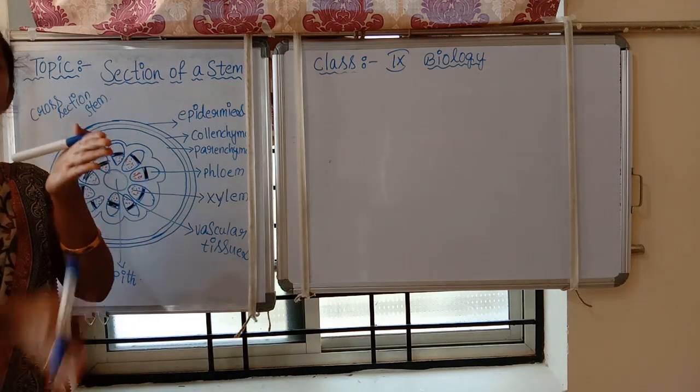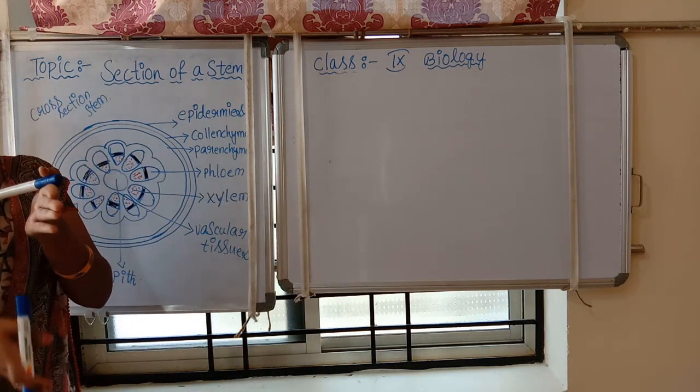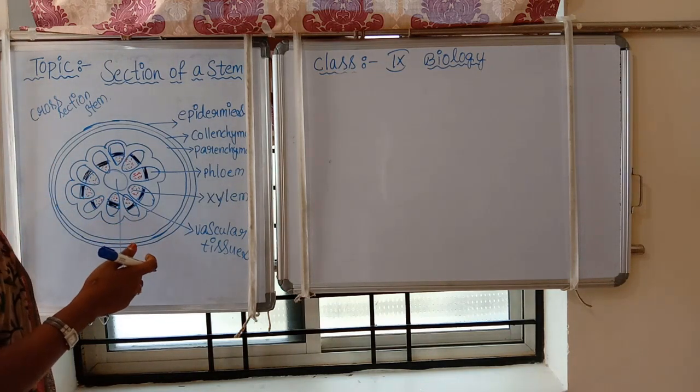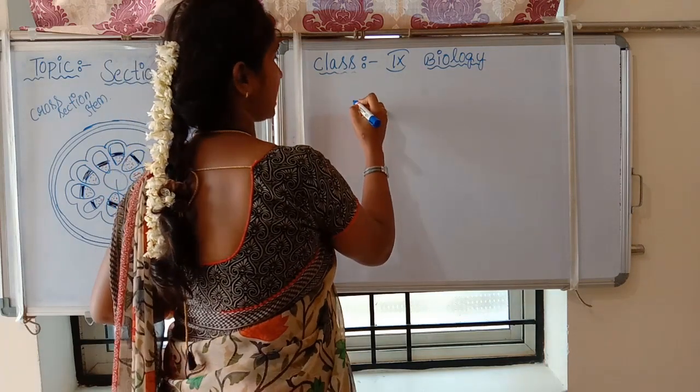When you cut into transverse sections, meaning like sticks, small slices, how may you observe it? Now I am going to draw the diagram. Just see carefully, children.